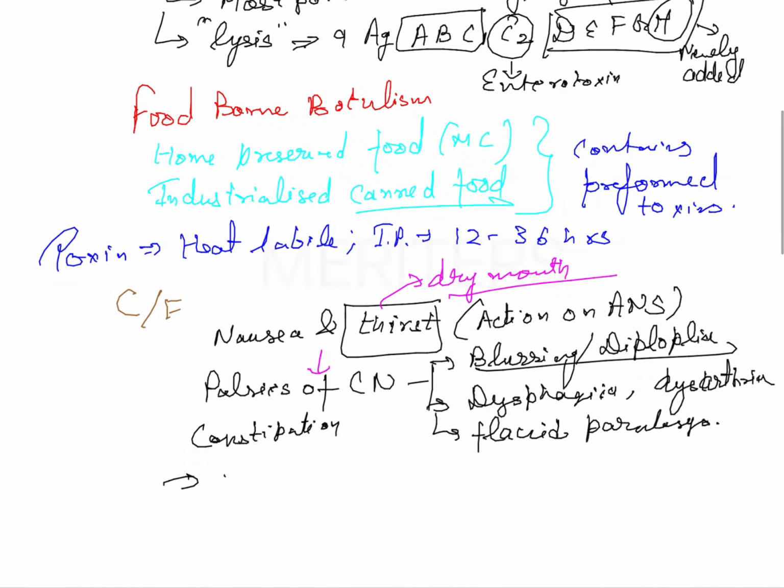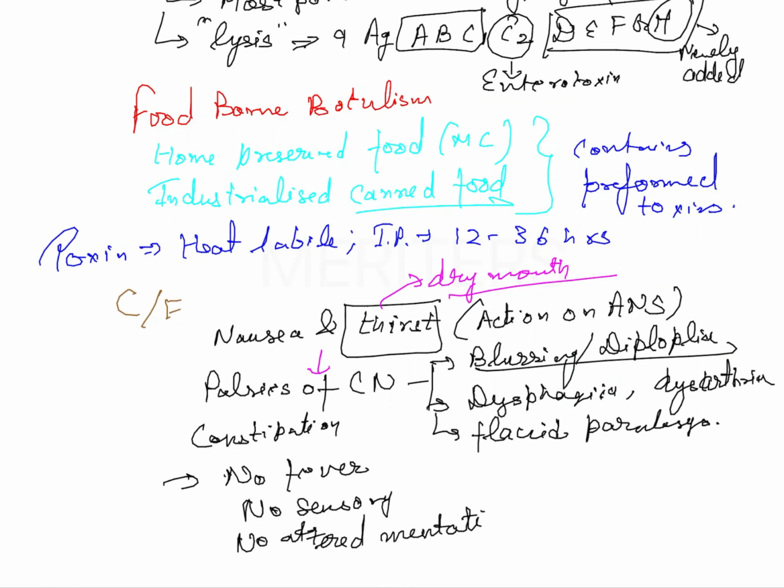Generally, it is not associated with fever. No fever is going to be there. No sensory deficit will be there. No altered mentation, that means no CNS effect will be seen directly, no confusion will be there.